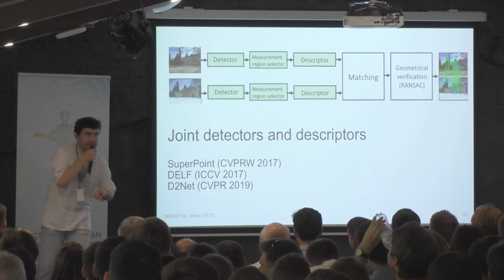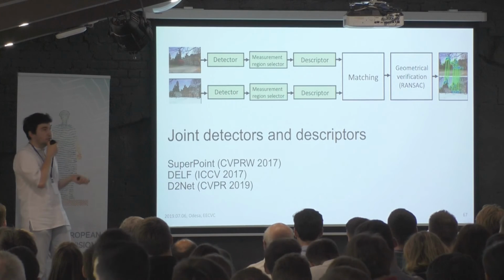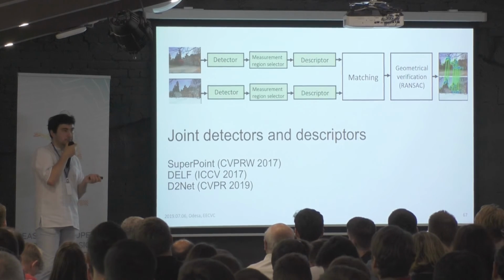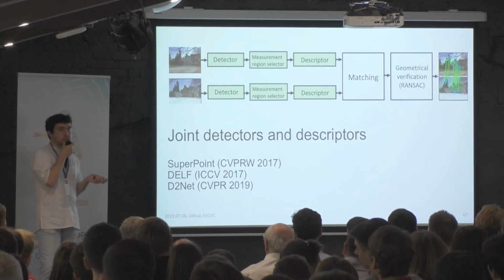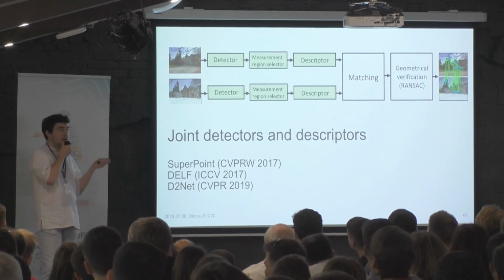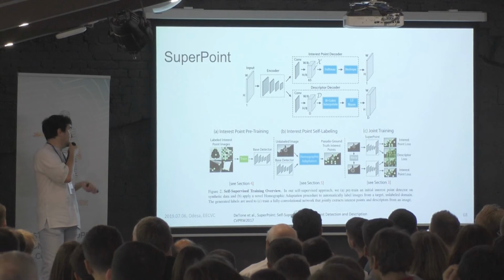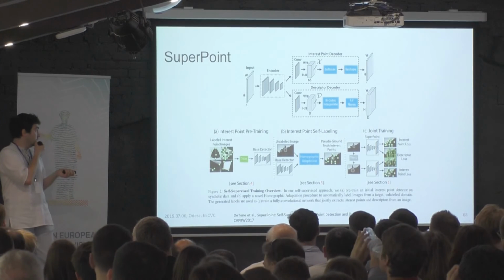Now, there are jointly learned detectors and descriptors, which I am not going to describe in detail, but I will mention some of them which have some applications or success. One is SuperPoint.